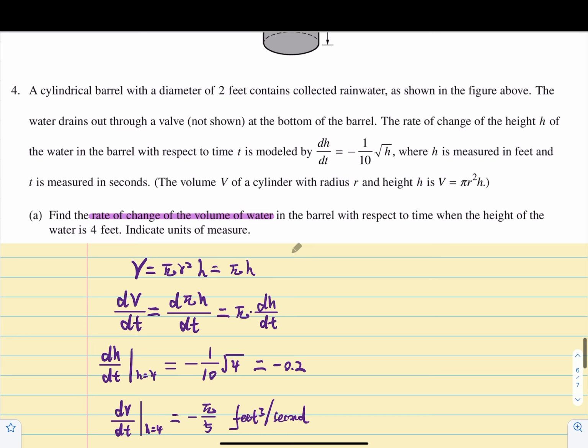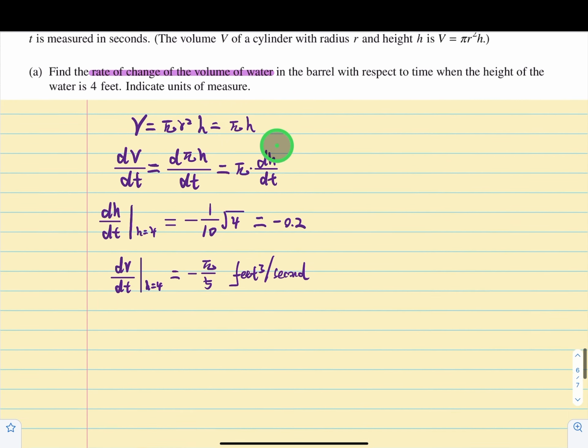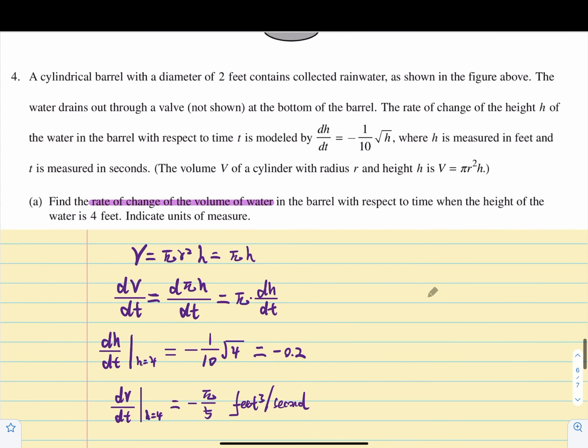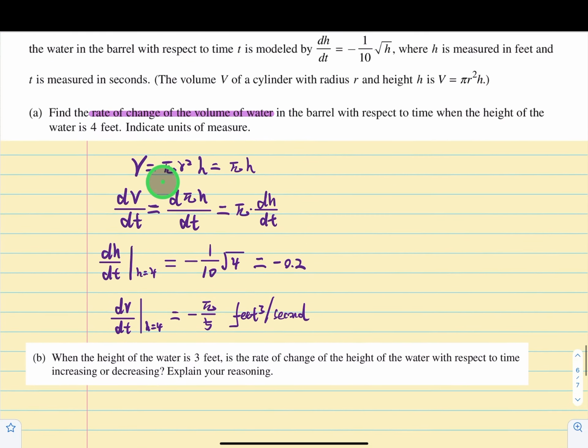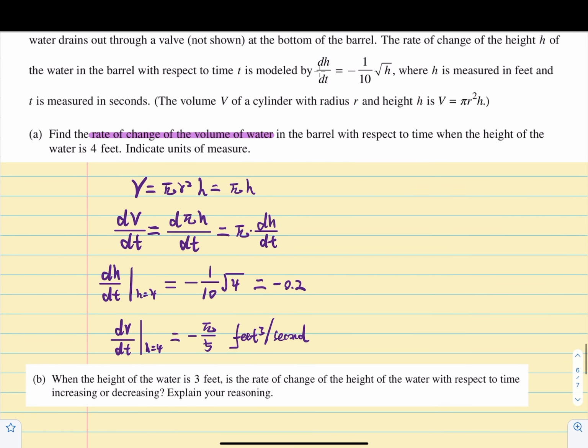This is the change of the volume for the first question. Okay, let's check question B. When the height of the water is 3 feet, is the rate of change of the height of the water with respect to time increasing or decreasing? Let's check this one. It's like velocity and acceleration.